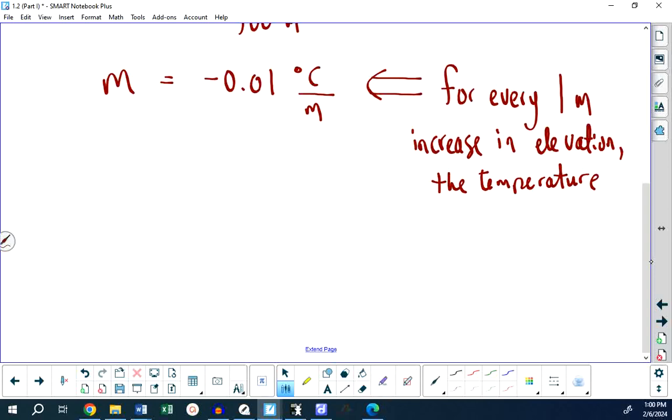Decreases by how much? Sorry, 0.01. Right? Because it's per meter, not per 100 meters. That was my mistake. The temperature decreases by 0.01 degrees Celsius.